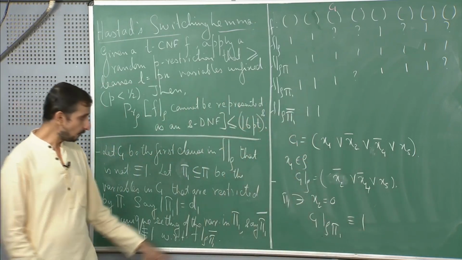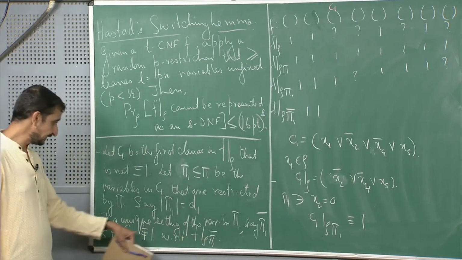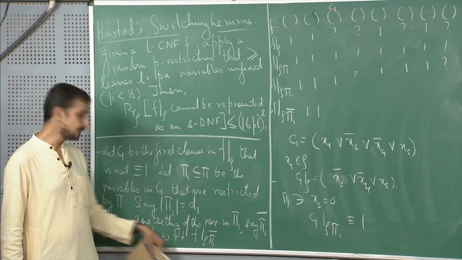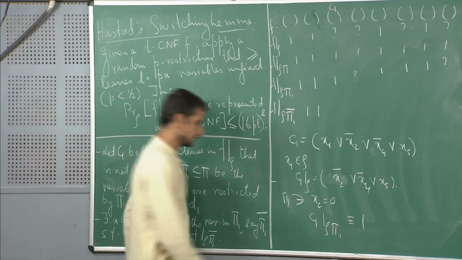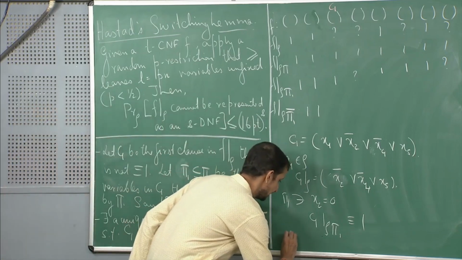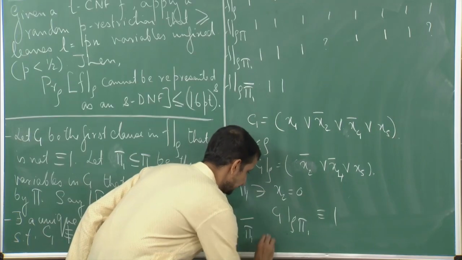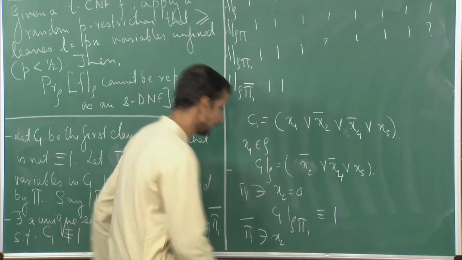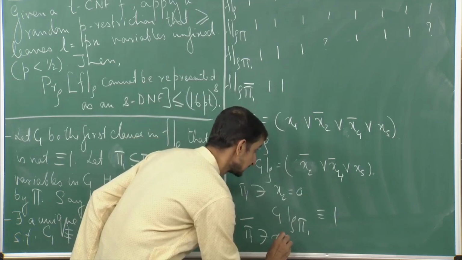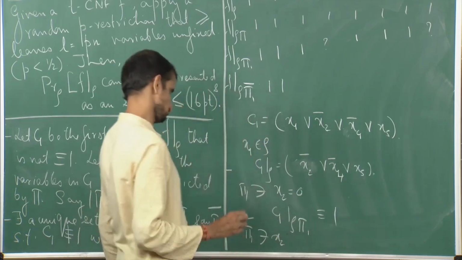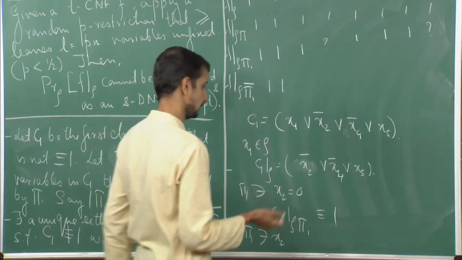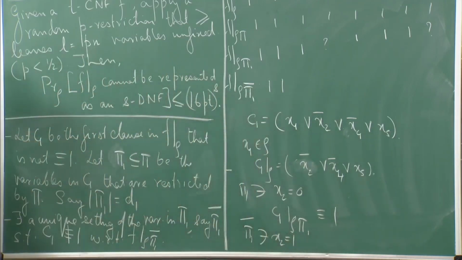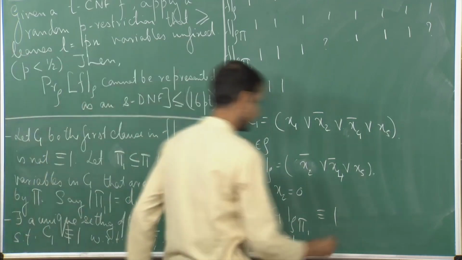Now what I am doing is, I am setting only the variable x2 in pi 1 bar. So in pi 1 bar I will have x2, and because this is in the negated form, I will keep it as 1. So I will have this restriction, and now what does this become?